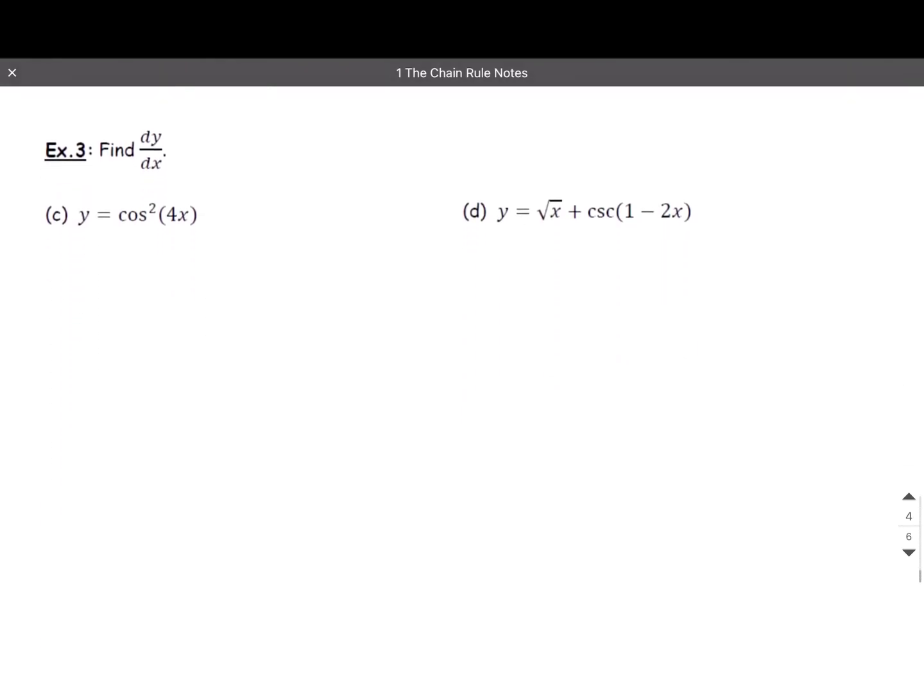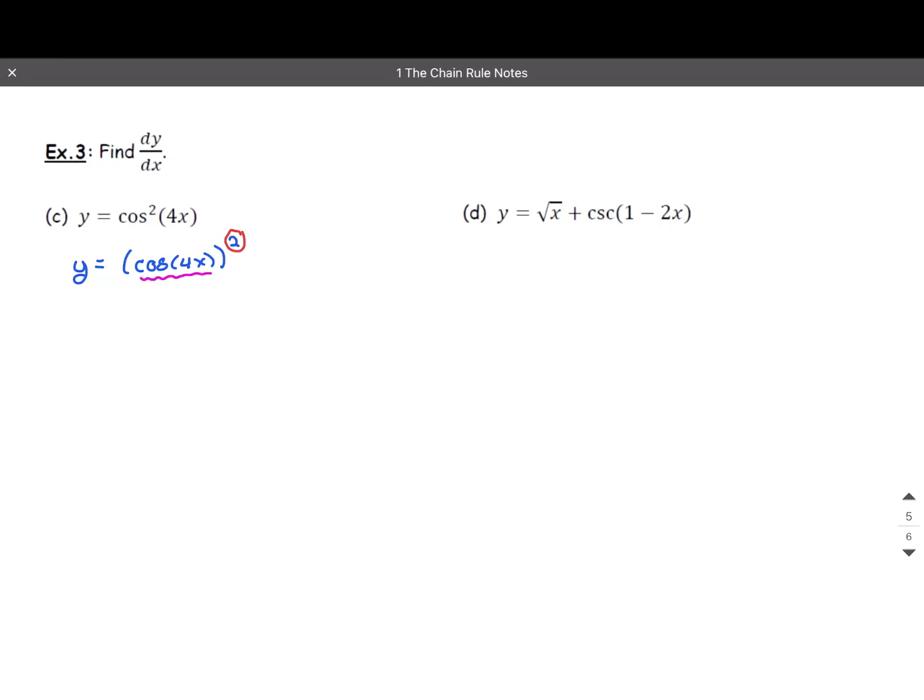Okay, let's up the game just a little bit. Now before we do this derivative on y equals cosine squared of 4x, I want you to take a look. This is y equals the cosine of 4x squared. Well, that looks like cosine 4x is the inside and squaring is the outside, right?